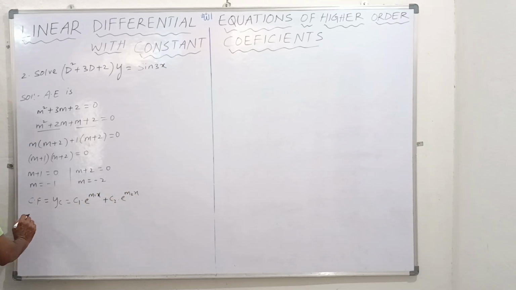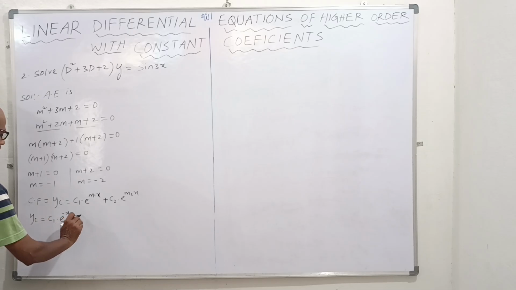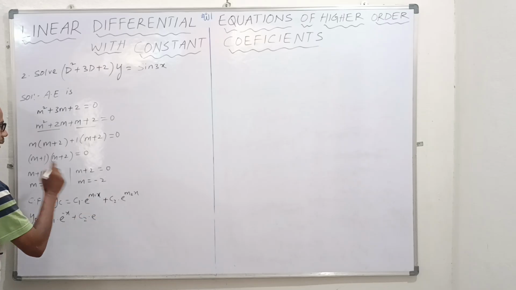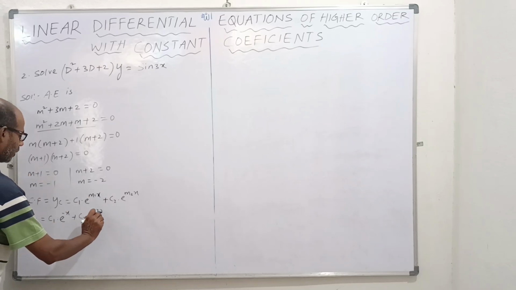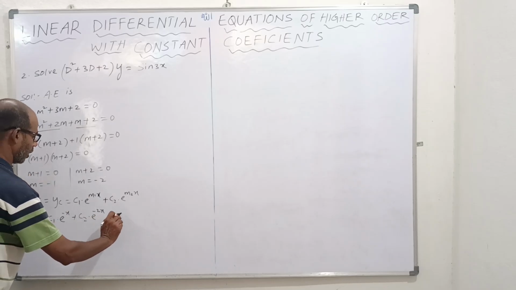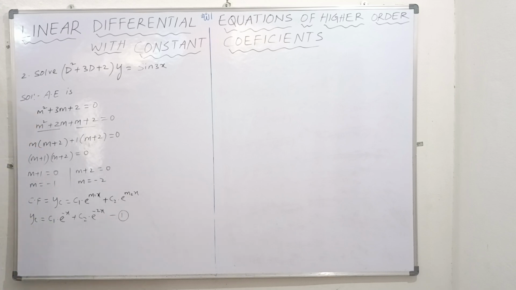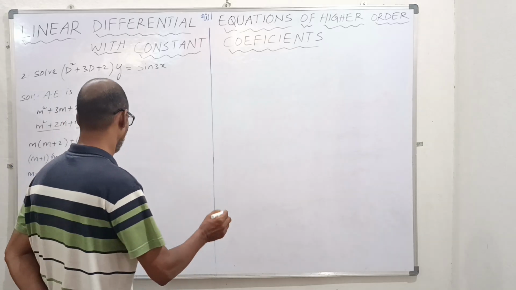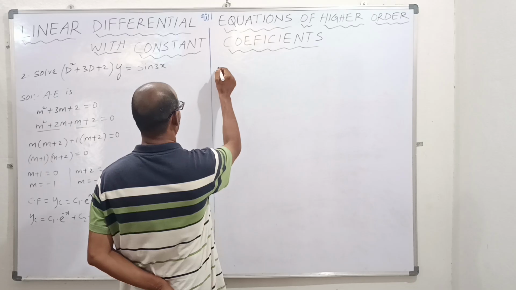So therefore yc is equals to c1 into e power minus x plus c2 into e power minus 2x. So this is number 1. So we got the complementary function. So then we have to find out the particular integral, that is PI. So for PI, what we have to do?